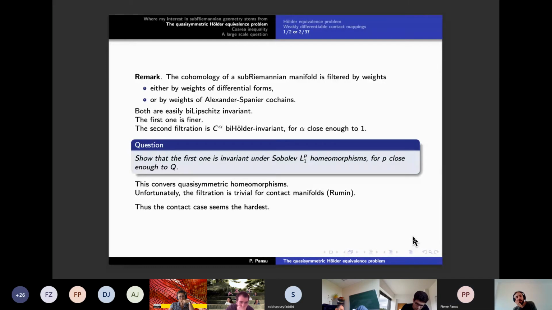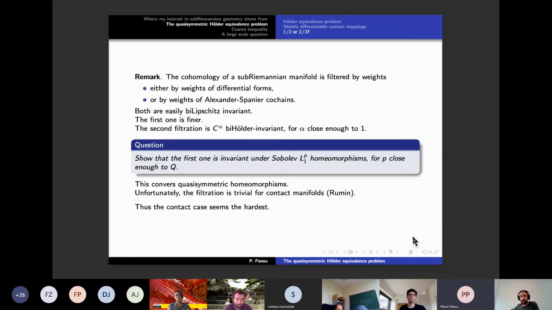So this seems promising. But unfortunately, this filtration of cohomology is always trivial for contact manifolds. And in fact, this is the first consequence of Rumin's theory of differential forms adapted to contact structures and higher dimensional sub-Riemannian structures.